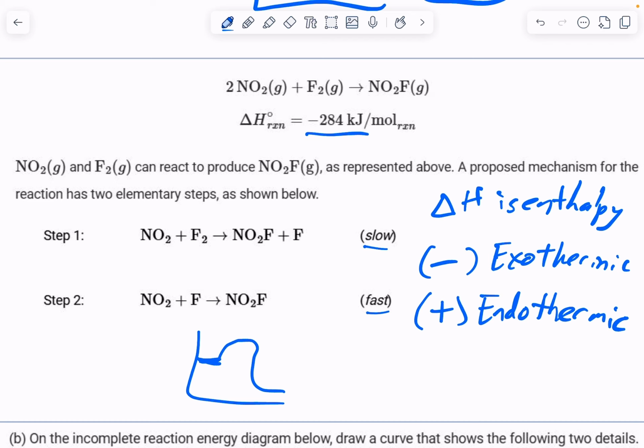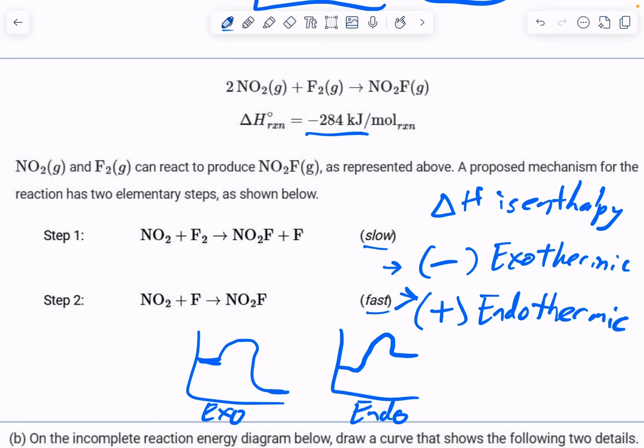So here's the starting point, here's the end point for an exothermic. And for an endothermic, the end point will be higher than the starting point. That's because in an exothermic reaction energy is being released, and in an endothermic reaction the energy is being absorbed. And we denote that with a negative and positive sign on the enthalpies.